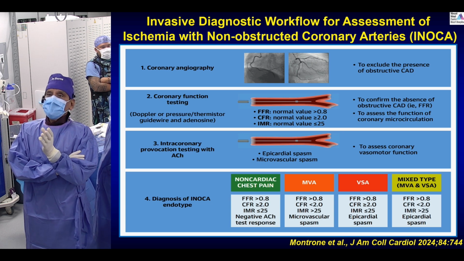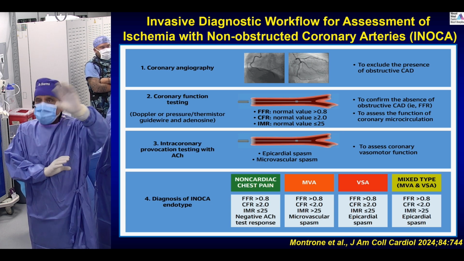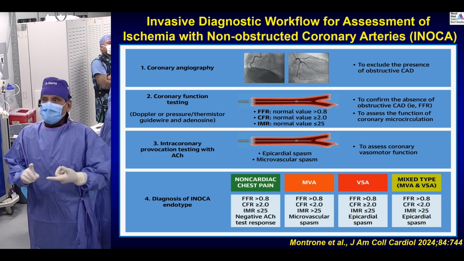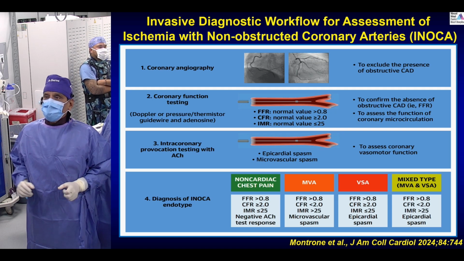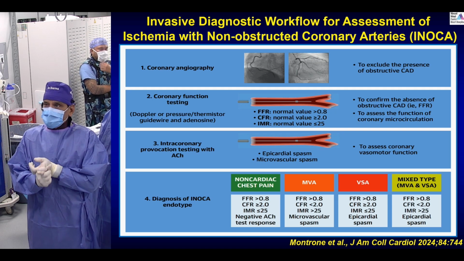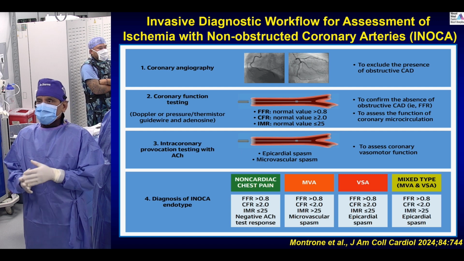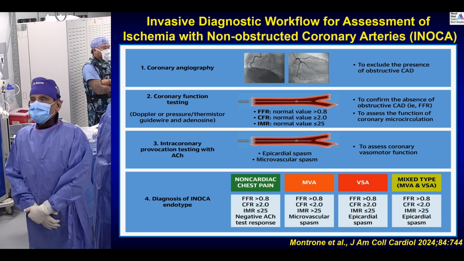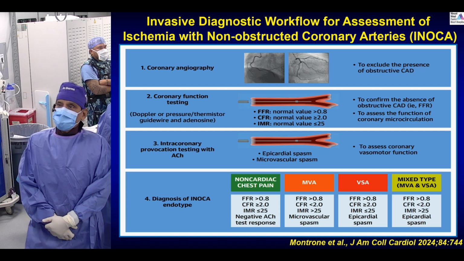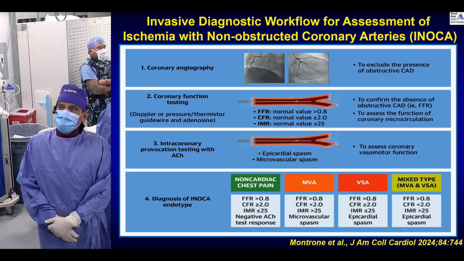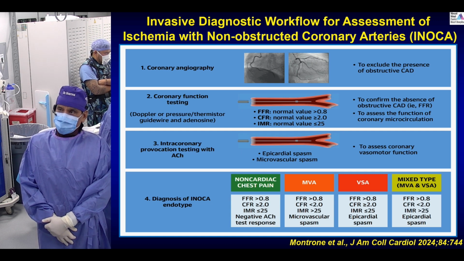So therefore, you could have patients with no epicardial disease, but then you could have non-cardiac chest pain because all the tests are normal. Or you have microvascular angina, or vasospastic angina, or a mixed one, based on what you have from FFR and CFR. So microvascular angina will be where your CFR is less than 2 and your IMR is more than 25.